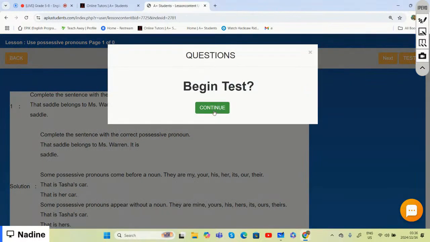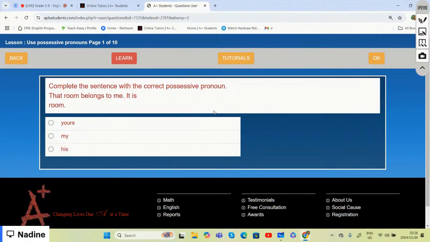So now let's go to our text. We need to complete the sentence with the correct possessive pronoun. The possessive pronoun shows who or what owns something or has something.